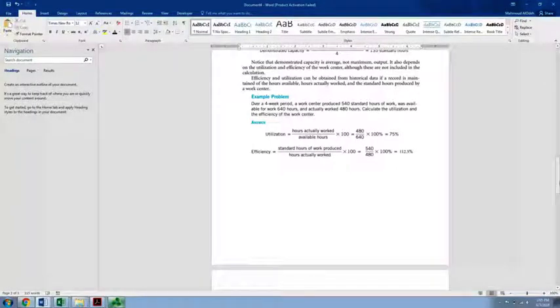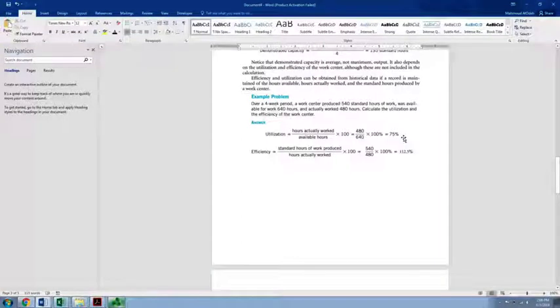Okay, so we have 3 numbers: actually produced, actually hours worked, and available time. Utilization, based on the equation, is hours actually worked divided by the available hours. Actually worked is 480 divided by the available hours, 640, times 100%. So we have a utilization of 75%.